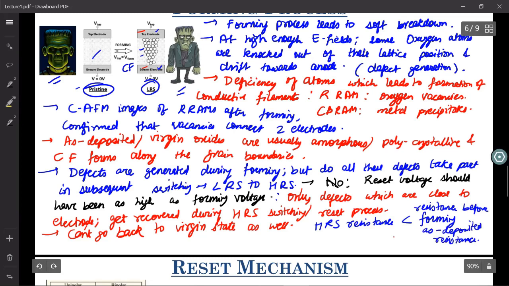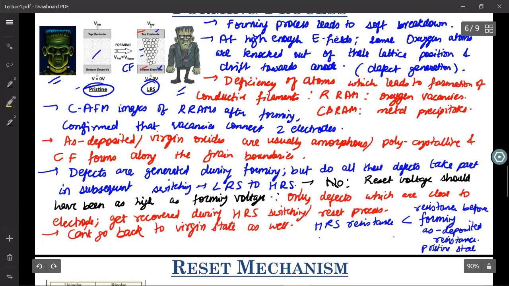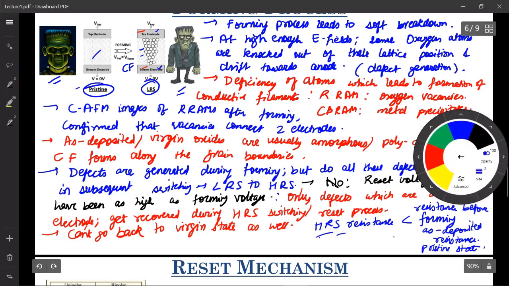As deposited, you are in the pristine state. Even when you switched it, you performed forming, you injected defects, and then you applied some voltage to recombine those defects, you can recover only some of those defects. Because of that, your HRS resistance is lower as compared to your forming resistance, because there are already some traps which can conduct, right? So this is something which is important to know.